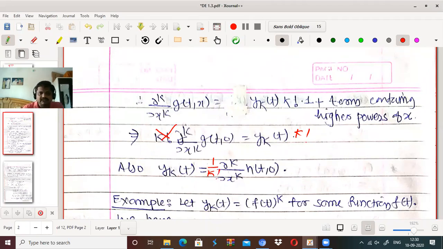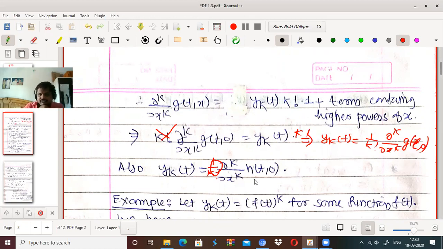Sorry, this is for g(t, x), this is not right. This is for g(t, x). This implies y_k(t) equals 1 upon k factorial ∂^k/∂x^k of g(t, 0). In this way we can obtain y_k(t).